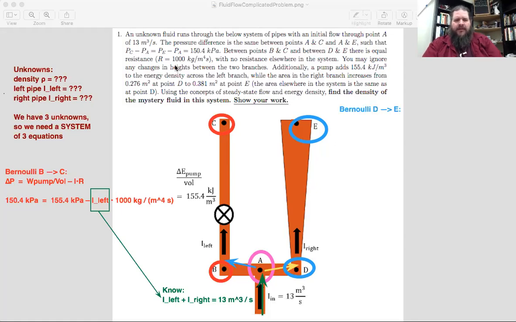And from D to E, what changes should we include in the equation? Change in pressure. Yeah, we're told the change in pressure. It's still the same 150.4 kilopascals. Is there anything else changing from D to E?